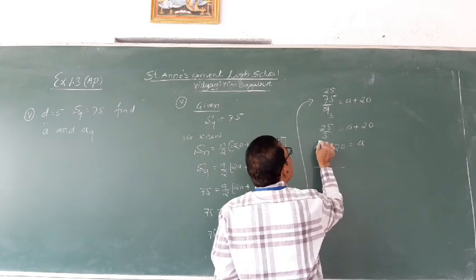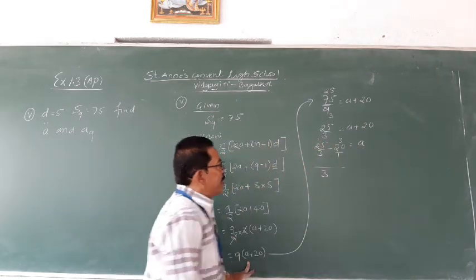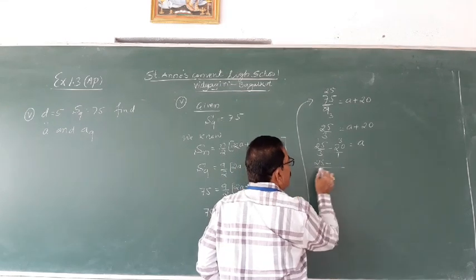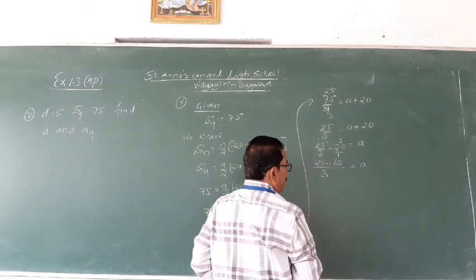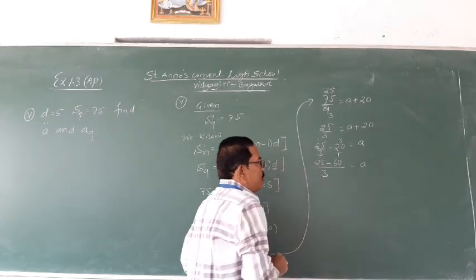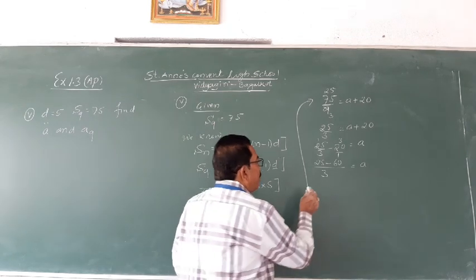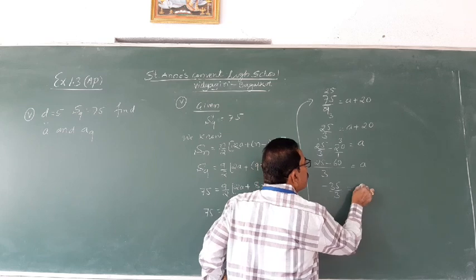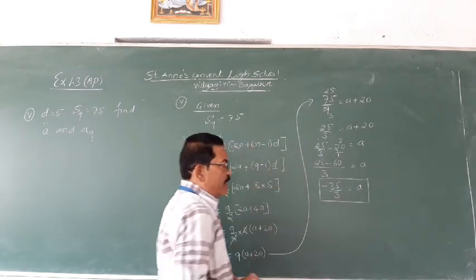LCM 3: 25 minus 3 twenties, which is 60, equals a. So 25 minus 60 gives minus 35 by 3 equals a.